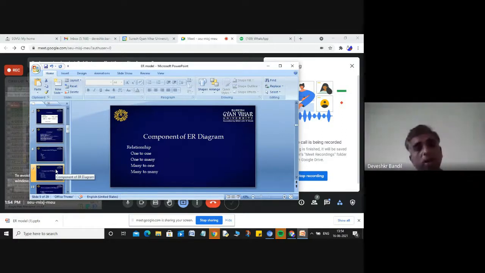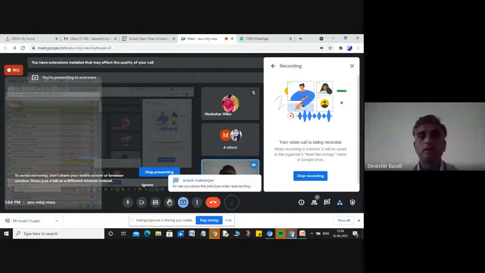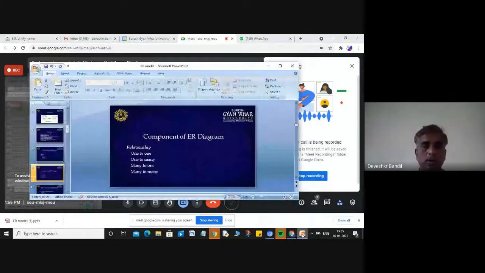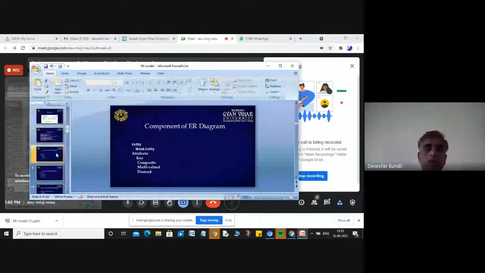And the other component of your ER diagram is relationship: one to one, one to many, many to one, and many to many. These are the four types of relationship. First is one to one, one to many, and many to one. So the components of your ER diagram are entity, attributes, and relationship.